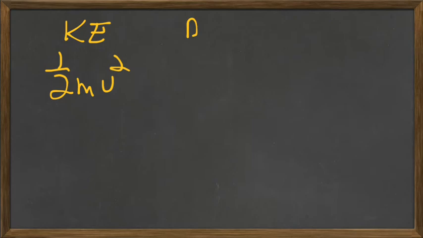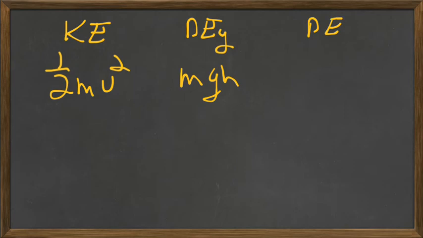Now, if you're working with elastic potential energy, you do have to stop and remember one thing. Unlike kinetic energy, which was 1/2 mv squared, and gravitational potential, which was mgh, elastic potential is 1/2 kx squared. Mass is not in there.